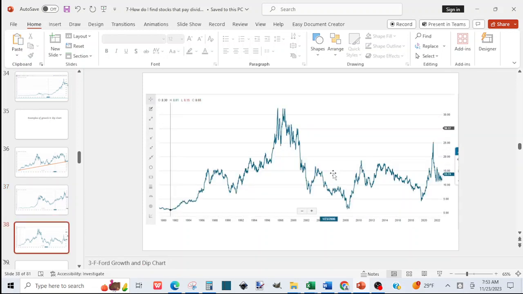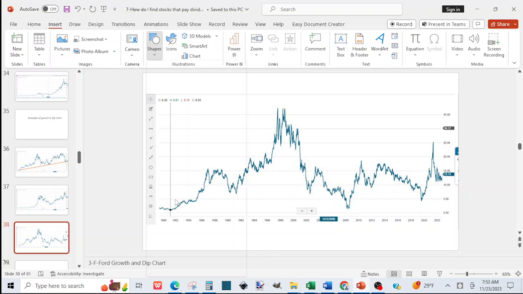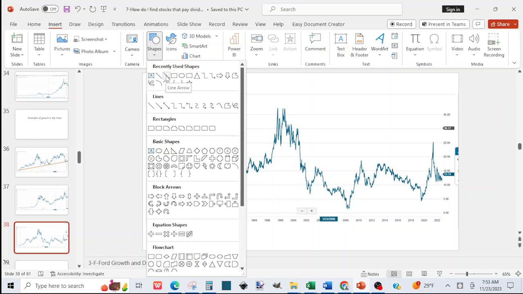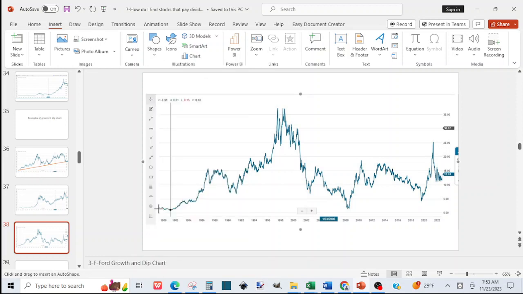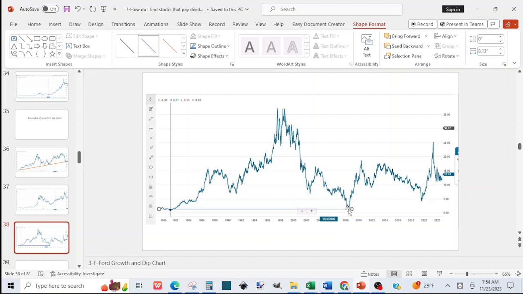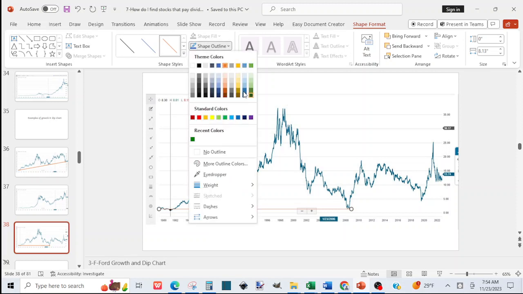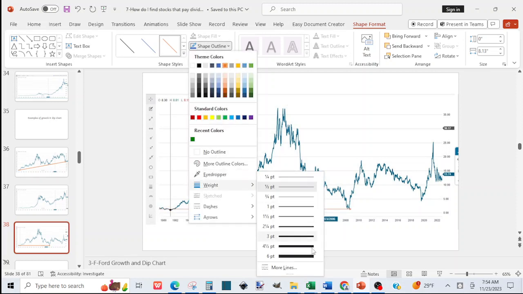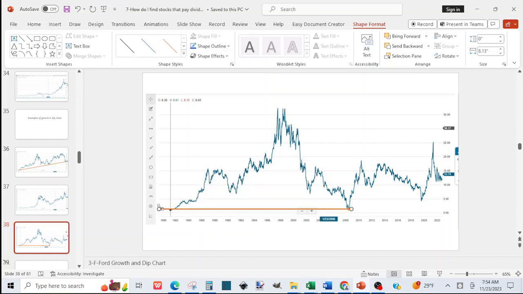Another growth and dip chart is Ford. And if anything, Ford is a chart you do not want to consider. If we draw an arrow from the price, in fact two arrows, one from the price it was selling at to touch the lowest dip that we have on it, and then we draw another arrow.